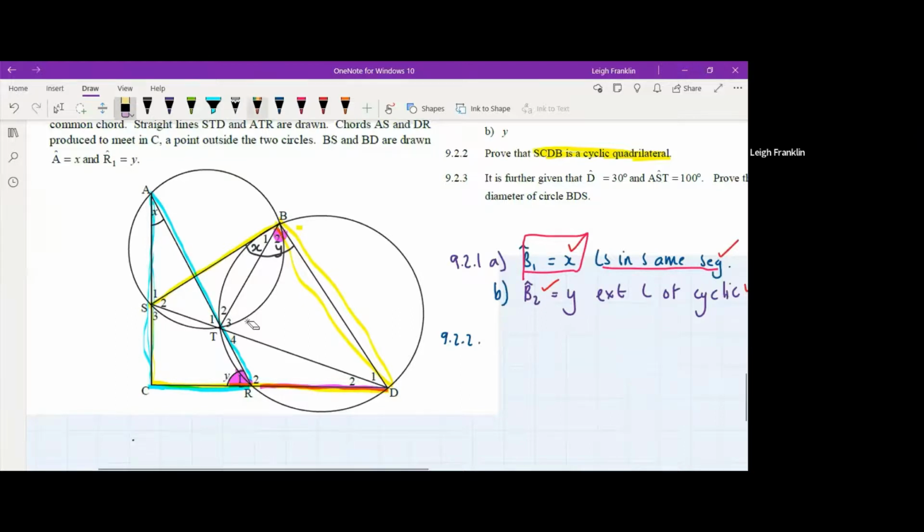Yes, ma'am. So what this means for us is that if we add together X and Y and C, we're going to say A plus R. So angle A, which is X, plus angle R1, which is Y, is going to be equal to 180 degrees. This is because of the angles of a triangle.